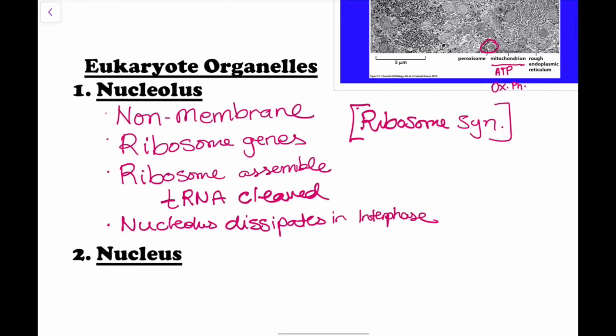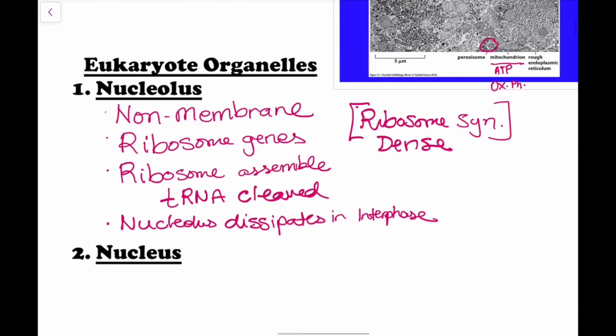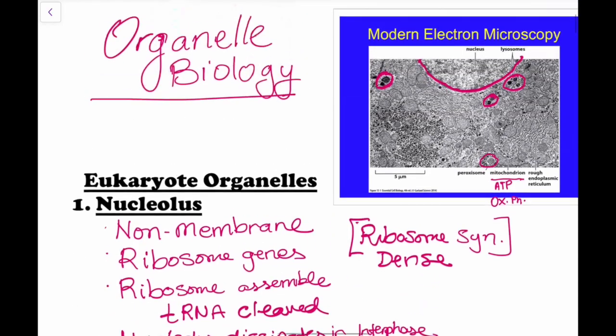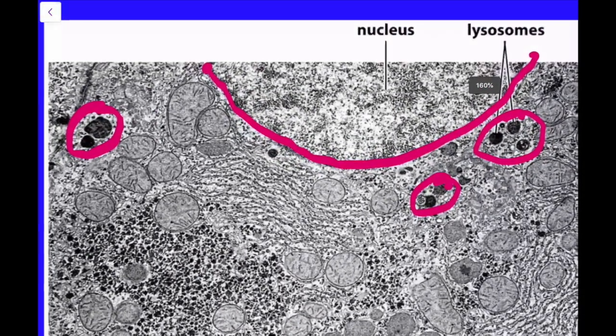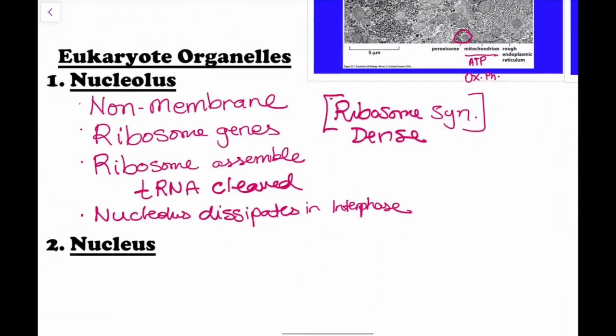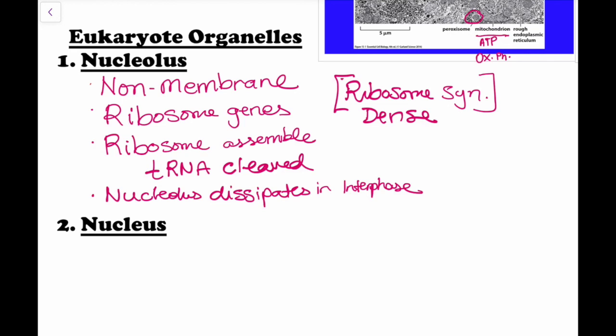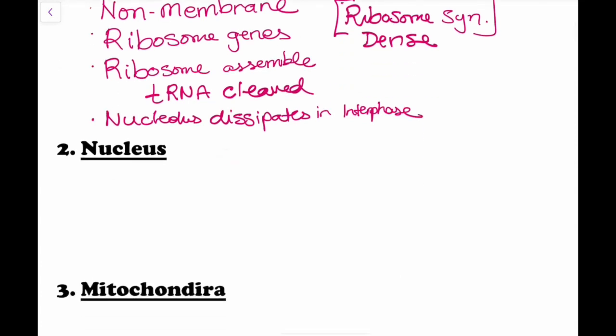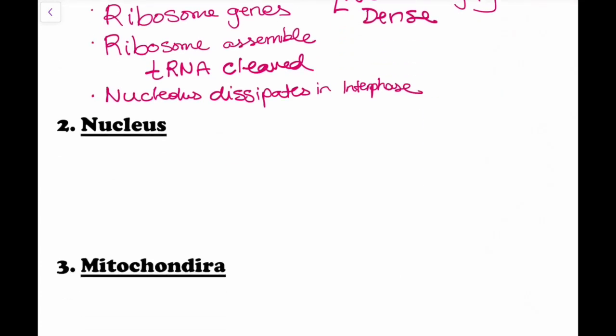It's pretty dense. That's another concept you have to know. It's dense staining because, as you can see, we don't see nucleolus here, but it's going to be a dense material inside the nucleus. Has a DNA for rRNA. Then we go into the nucleus, and the nucleus is, on the other hand, the double membrane.